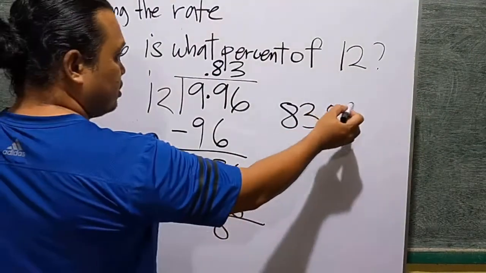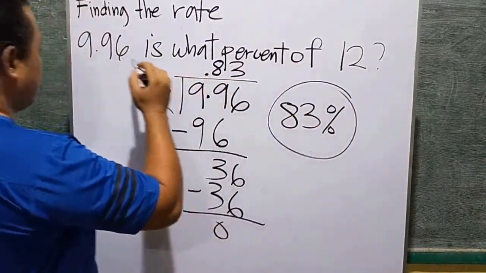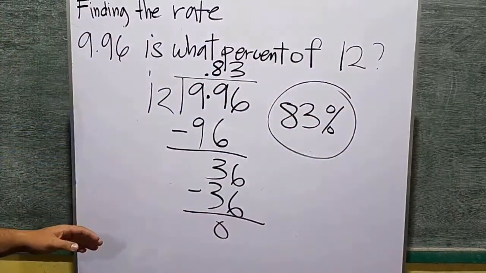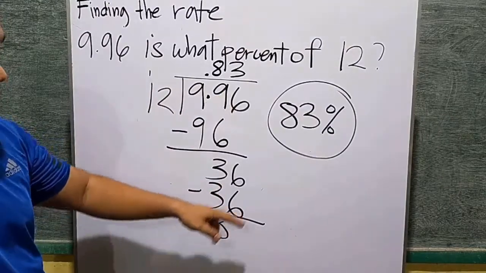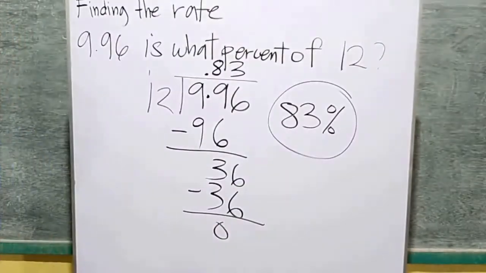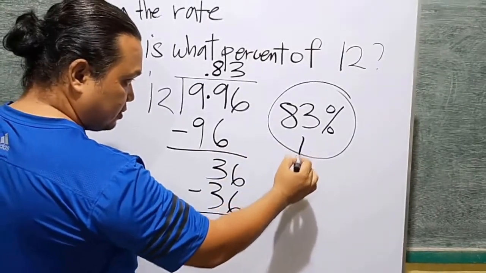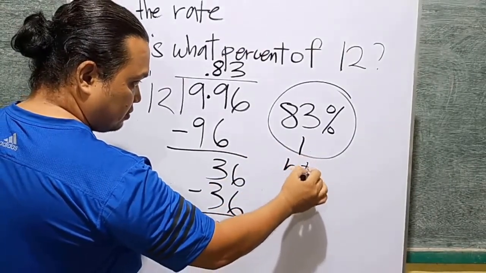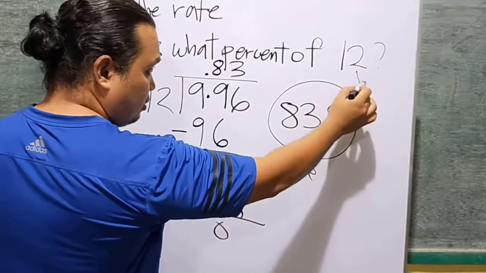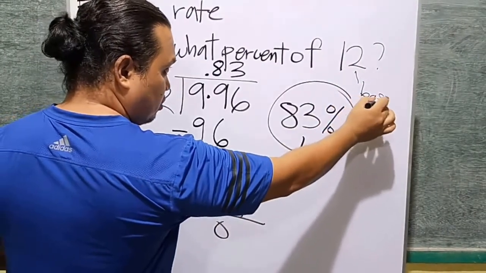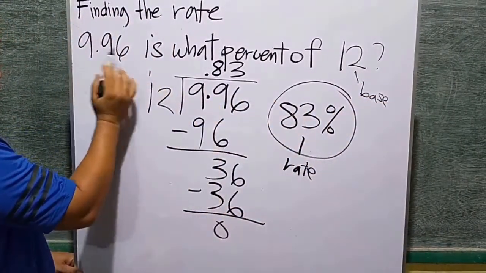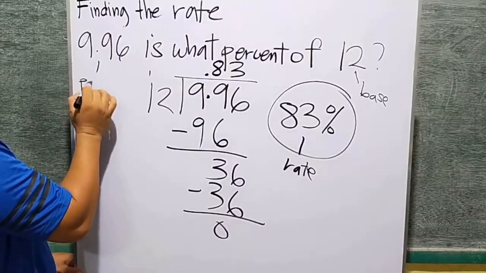So 9.96 is what percent of 12? That's 83%. Now 83% here is our rate. 12 here is our base, while 9.96 is our percentage.